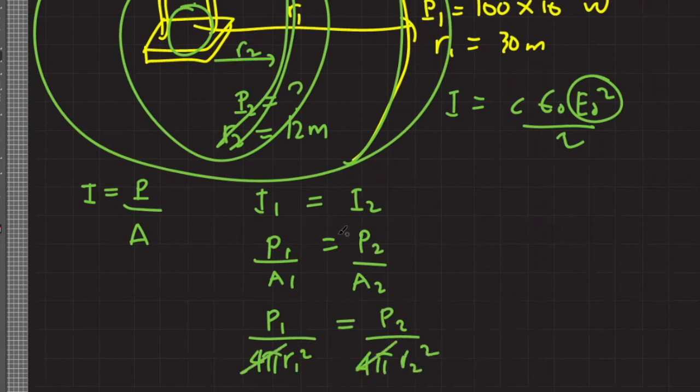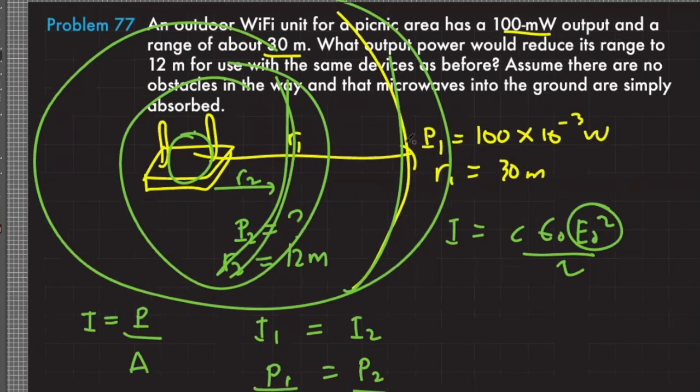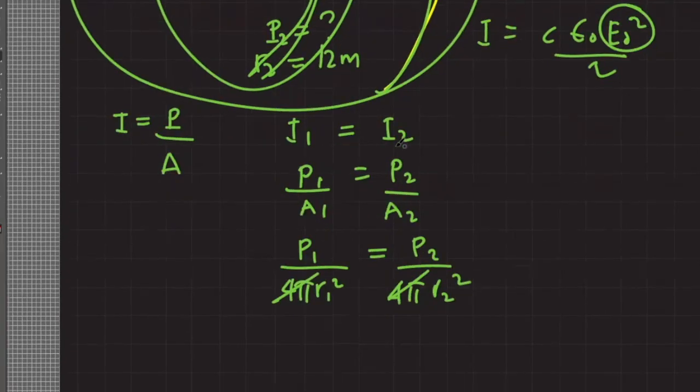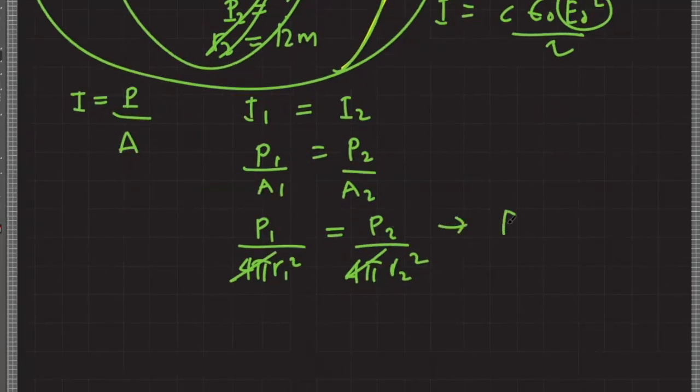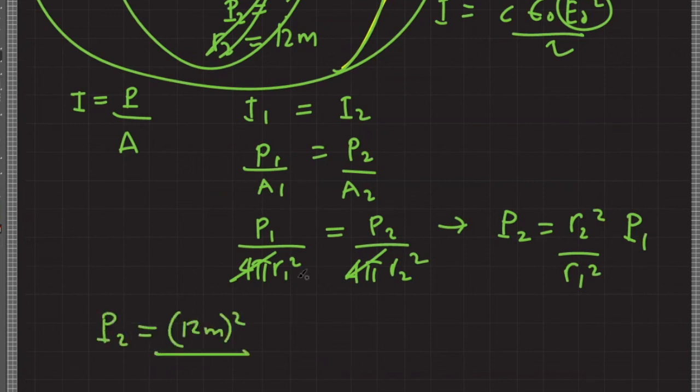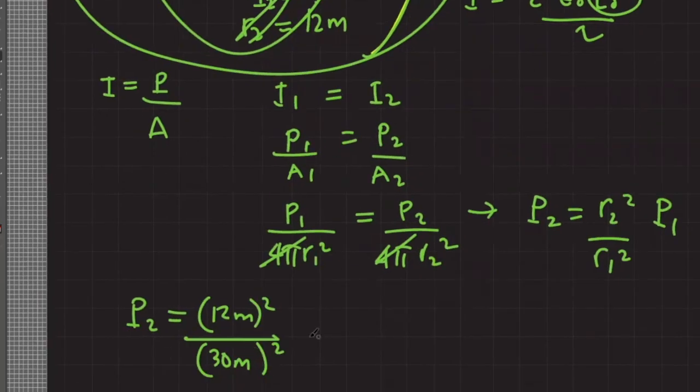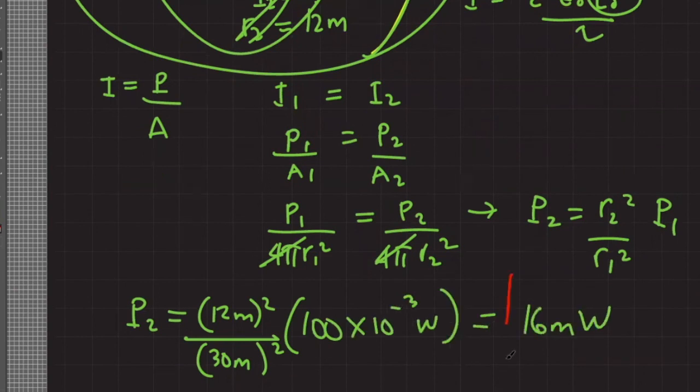Cancel this out. Since we're looking for P sub 2, P sub 2 equals R sub 2 squared over R sub 1 squared times P sub 1. So plugging in the values, P sub 2 is about 16 milliwatts.